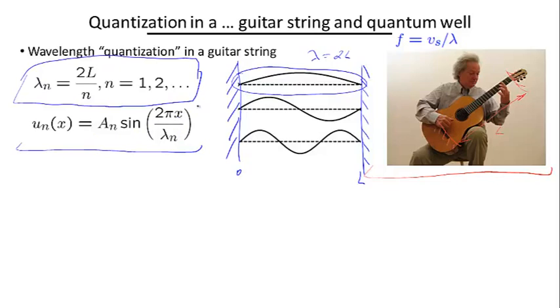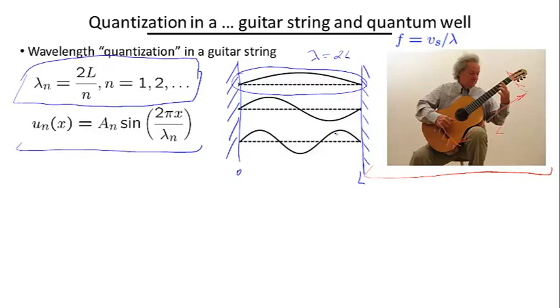Of course, if x is equal to 0, we satisfy the boundary condition at x equals 0. And if x is equal to L, this quantization rule is going to enforce the other boundary condition, namely that the displacement vanishes at x equals L, or we have a node here.